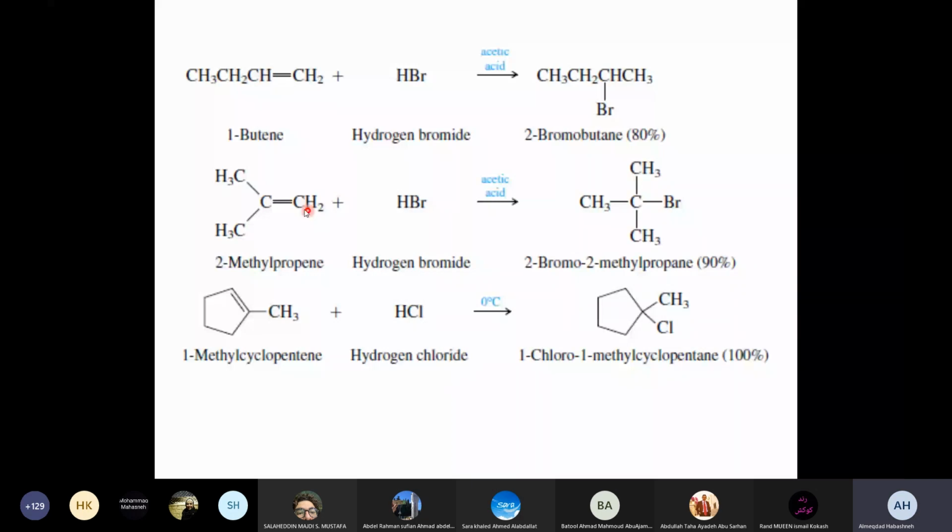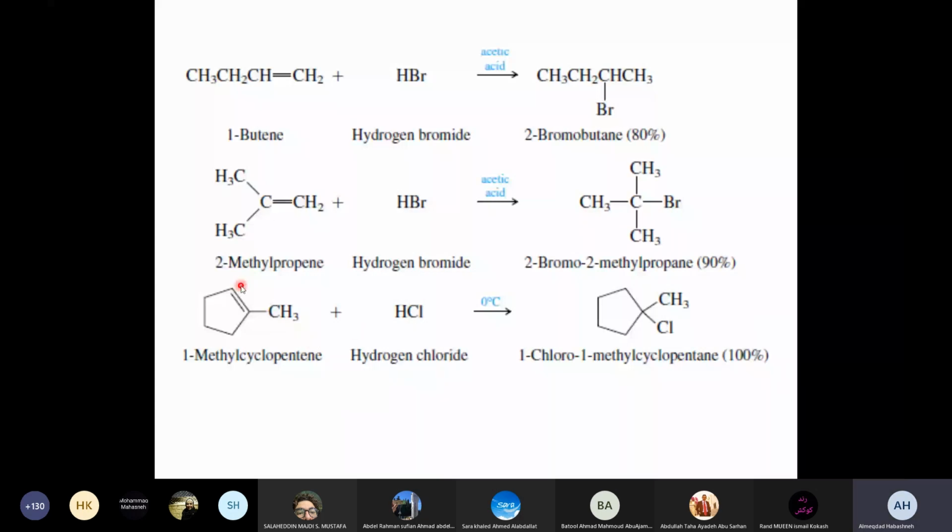HBr is also added to CH2 double bond C with two CH3 groups. This carbon is connected to two hydrogens, and this carbon is connected to no hydrogens. The CH2 became CH3 by adding one extra hydrogen, and the internal carbon, which is connected to no hydrogen, gets the Br to form tertiary butyl bromide.